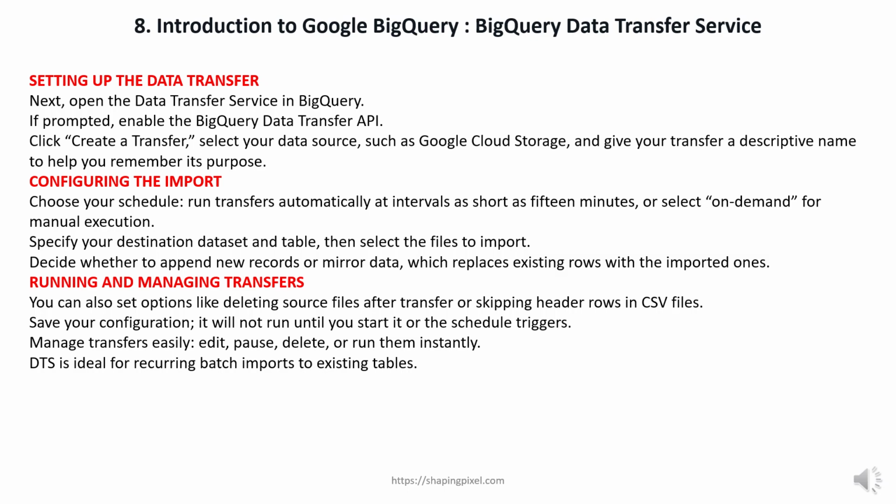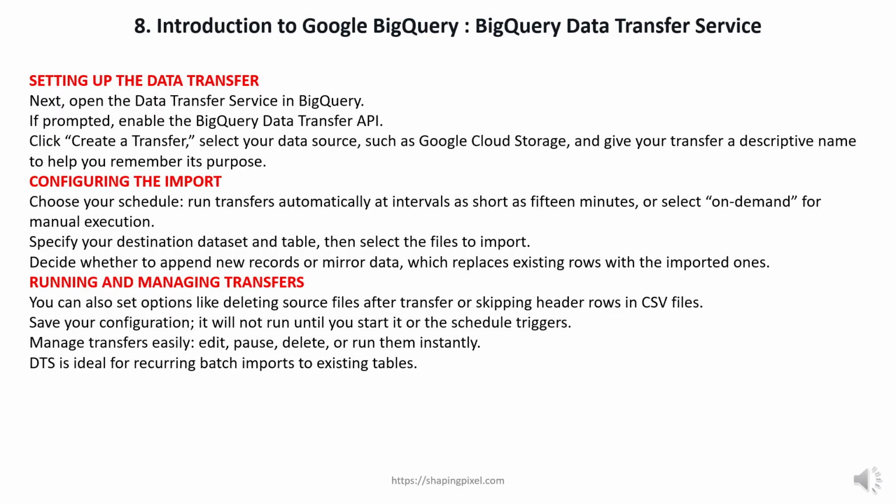Choose your schedule. Run transfers automatically at intervals as short as 15 minutes or select On Demand for manual execution. Specify your destination dataset and table, then select the files to import. Decide whether to append new records or mirror data, which replaces existing rows with the imported ones.